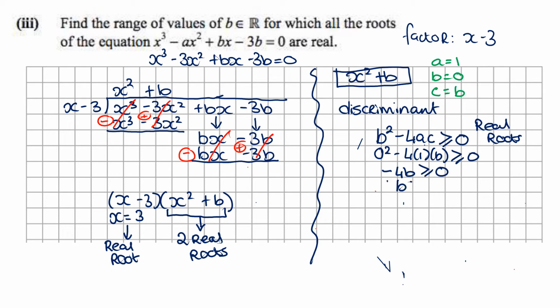So 4b is less than or equal to 0. Remember our rules of inequalities. Change the sign, you have to also change the inequality. So we're left with b is less than or equal to 0.